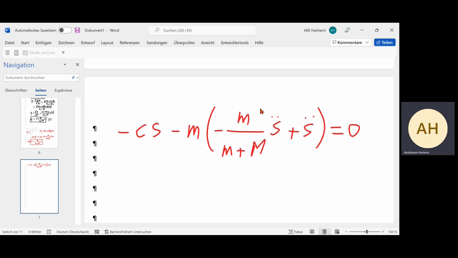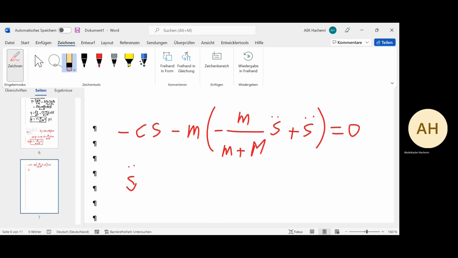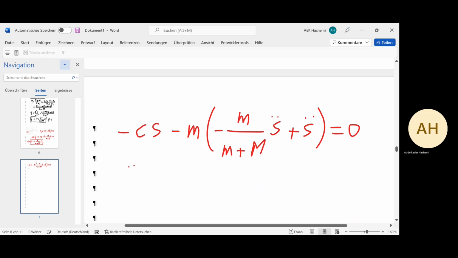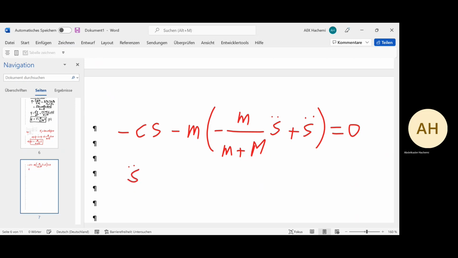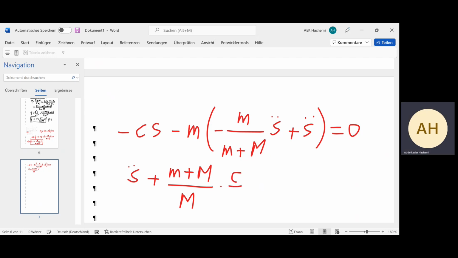Then if we develop further, we will get s dot dot plus (m plus capital letter M) divided by capital letter M multiplied by c divided by small letter m multiplied by s equal to 0.